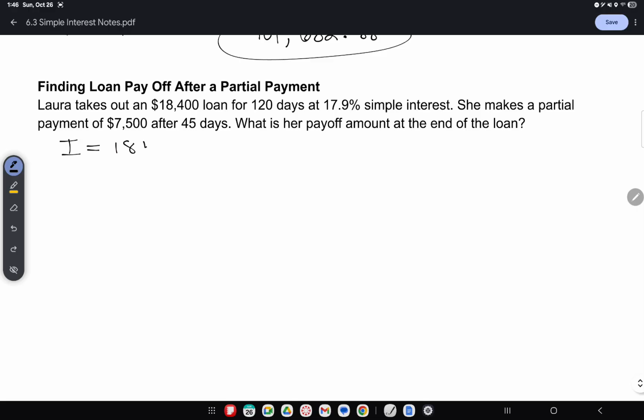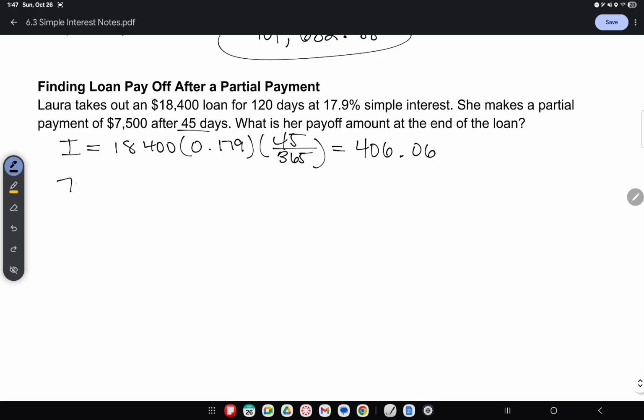So, 18,400, 0.179, and 45 days. So if I multiply these, 18,400 times 0.179 times 45 out of 365, I get $406, and we'll say 6 cents.